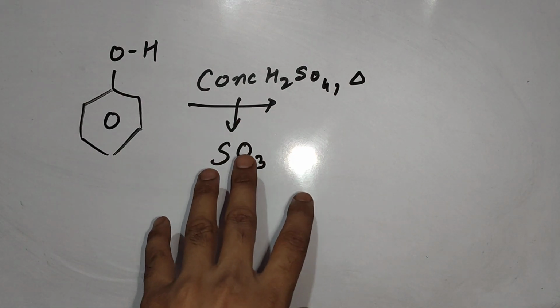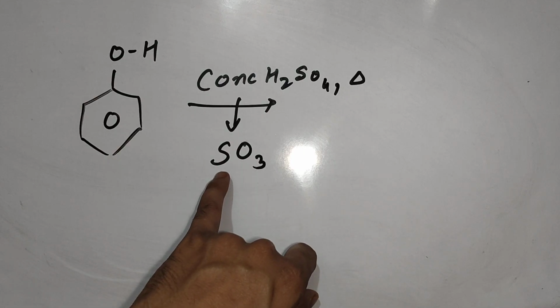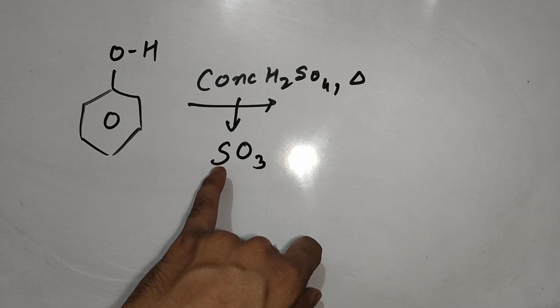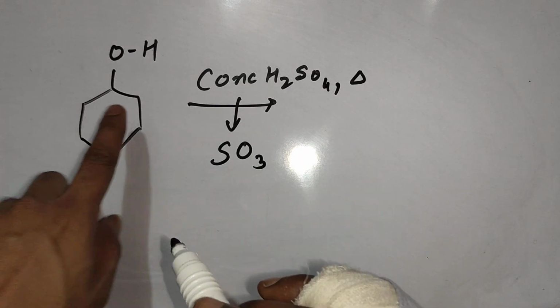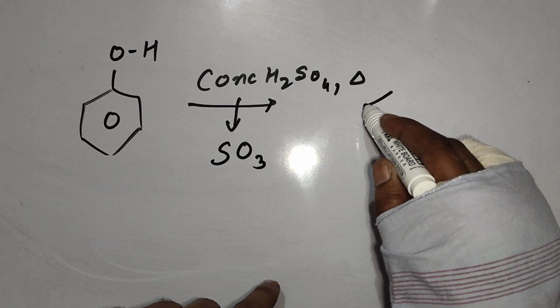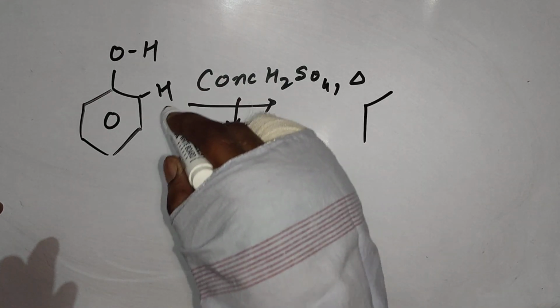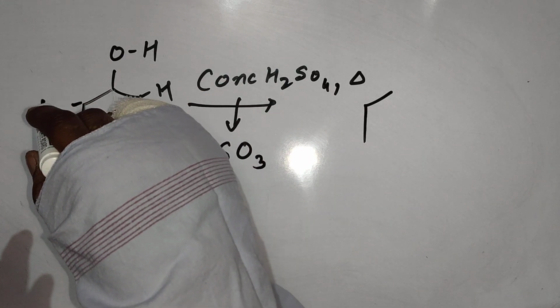Now, sulfur trioxide is a neutral electrophile. Sulfur has a shortage of electrons. With its shortage orbital, it will attack on the benzene ring for electrons. Which position? Ortho and para. So on ortho and para, hydrogens are available.